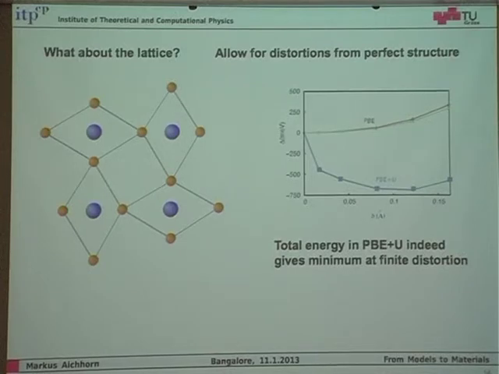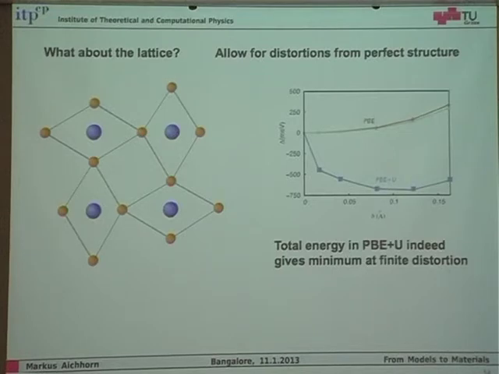Yes? If you try to get the bulk system, it's hexagonal, yes. For this distortion? It's one of the possible distortions. I would not say, maybe there are rotations which are maybe more natural.